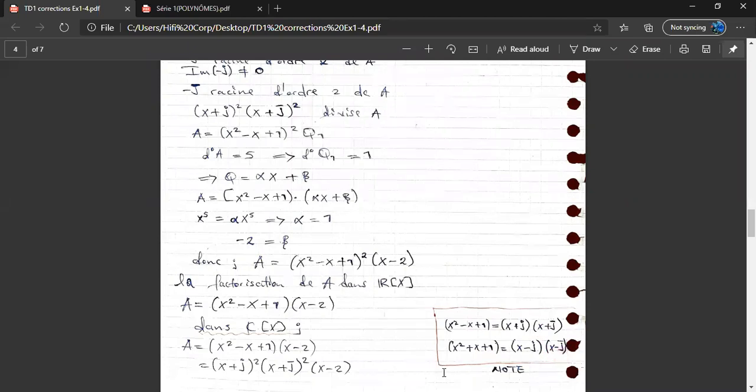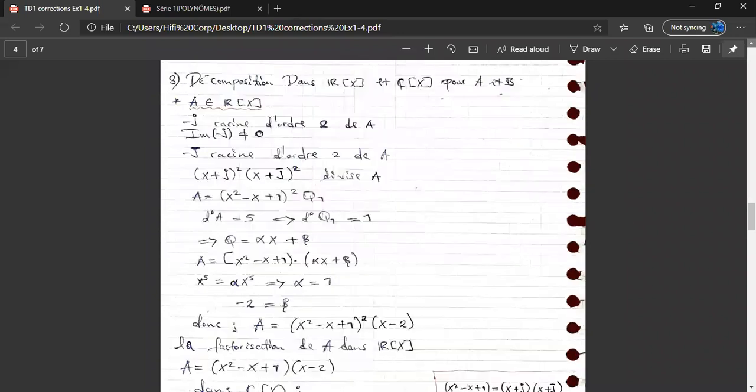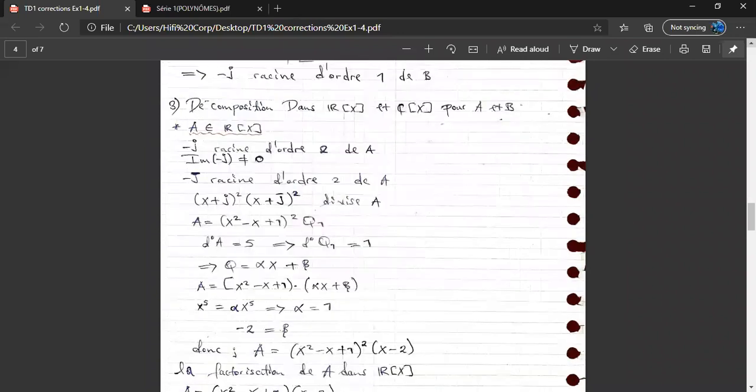So you're supposed to know them. So the equation which you are going to have for R is x squared minus x plus 1, which you found for the PGCD, it was equal to this, right?